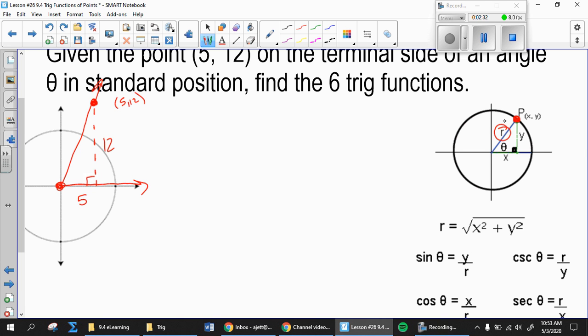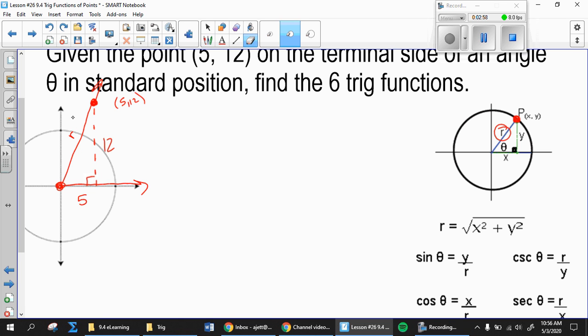Well, we know r is radius. And if I made a really big circle, or if I put this point 5, 12 on this circle, this is my r right here. Well, I can figure out what r is, because really we just have a right triangle here and we can find any missing side of a right triangle.